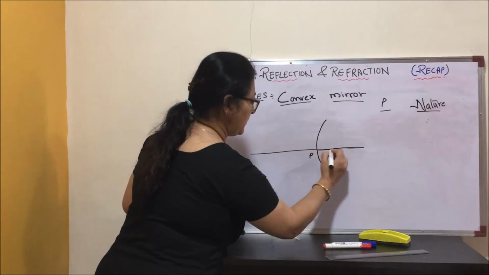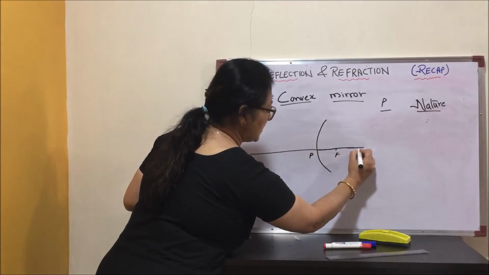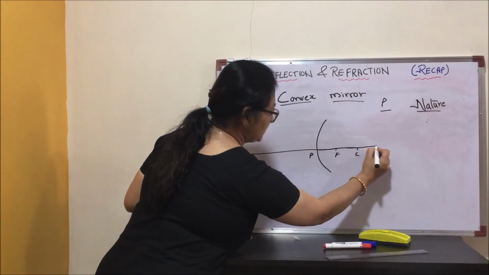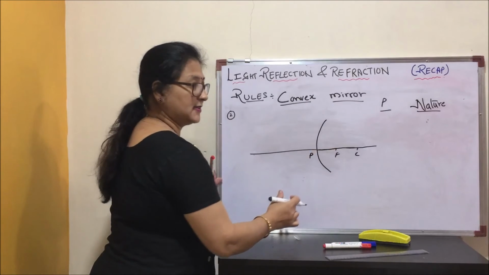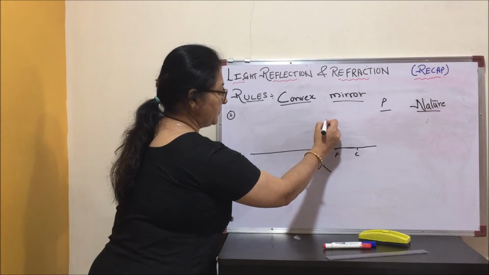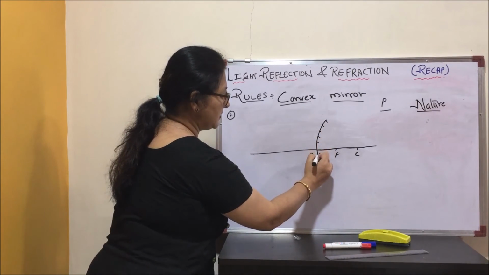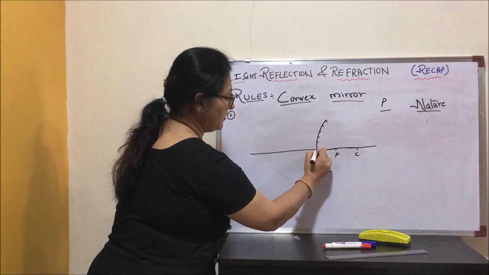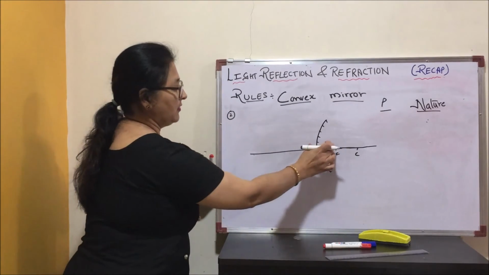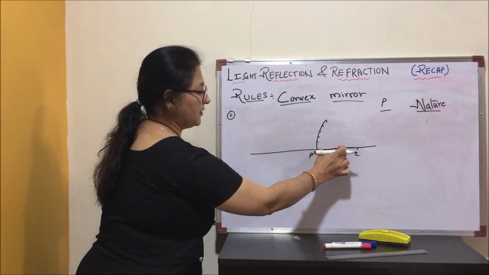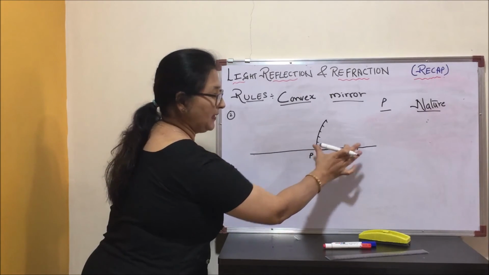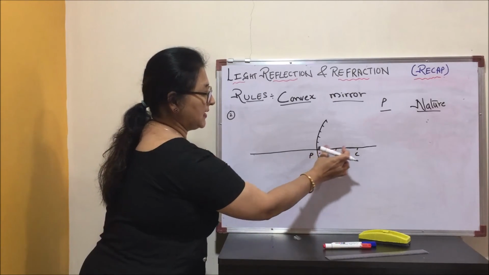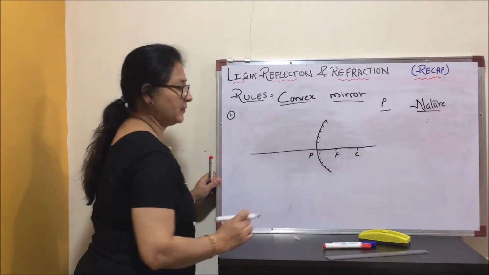This is P, this is my focus and this is C. P and F, this length is called focal length. The distance between pole and F is the focal length. If it is 4, then the distance between P and C should be 8. So this and this distance should be the same.